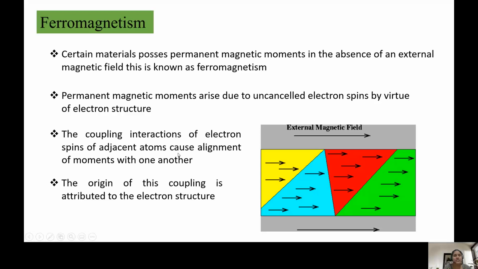When there is interaction between the two atoms, then the spins will align and produce the magnetic moments. The origin of this coupling is attributed to the electron structure. Due to the alignment of the electron spins with the neighboring atoms, the finite magnetic moment is produced, that is said to be ferromagnetism.